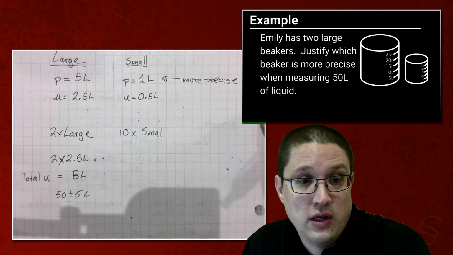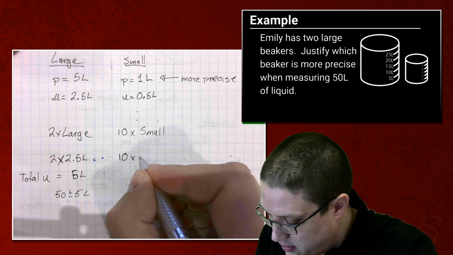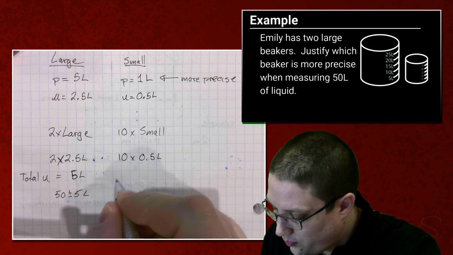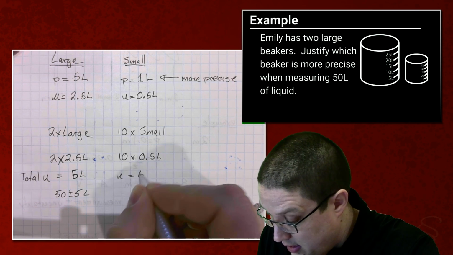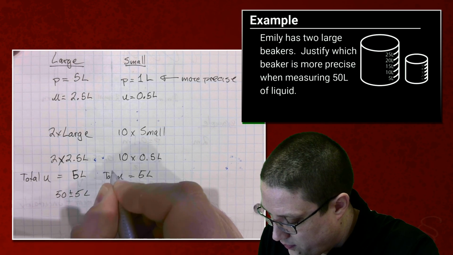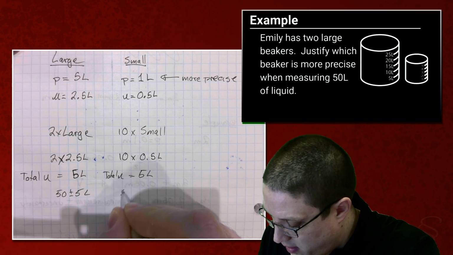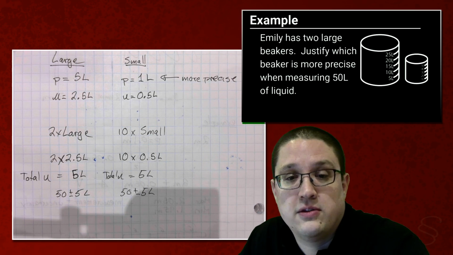With the small container, I need to go 10 times the uncertainty, which is 0.5 liters. So my total is, again, 5 liters. In this case, I have the same thing. I have 50 plus or minus 5 liters.